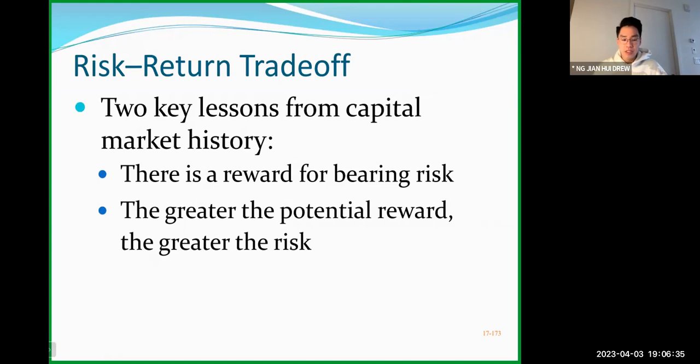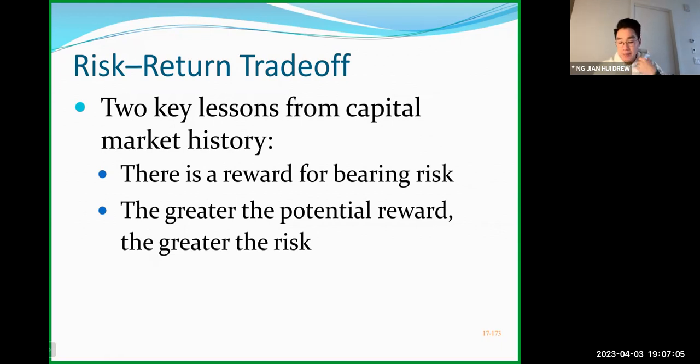So that's the broad understanding. The general concept is that you are only rewarded in terms of returns if you take on a certain type of risk. The type of risk is important, and taking just any random type of risk need not necessarily give you returns. Only certain types of risk give us returns.